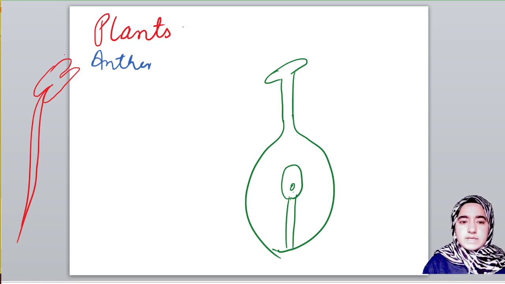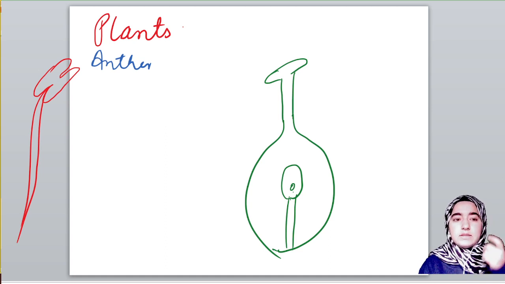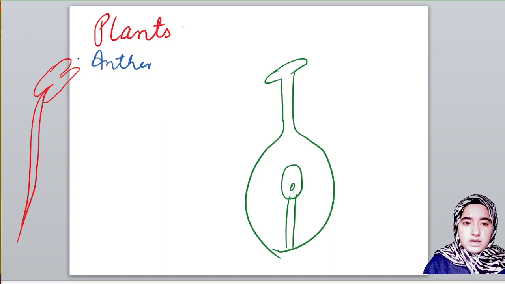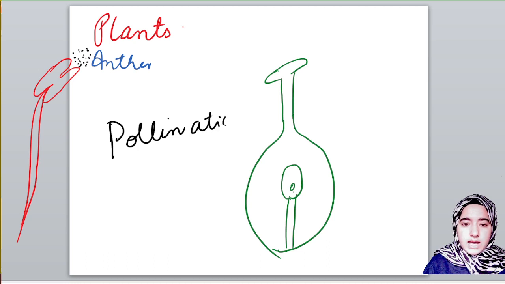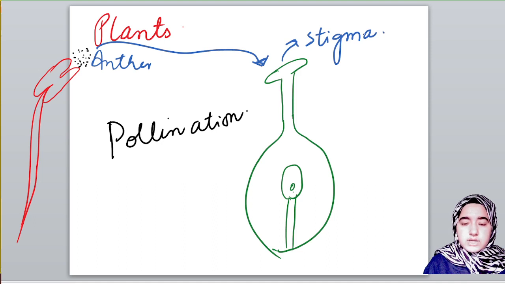The anther forms pollen. Anther forms male gametes inside the pollen grain. Here we have so many pollen grains inside the anther. During pollination, these pollen grains travel to the stigma. This part of the female reproductive structure is known as stigma.